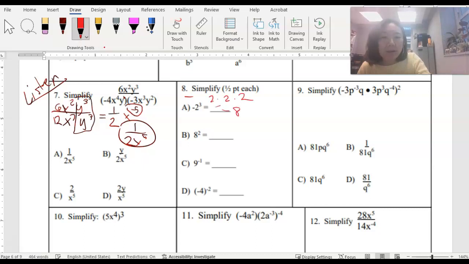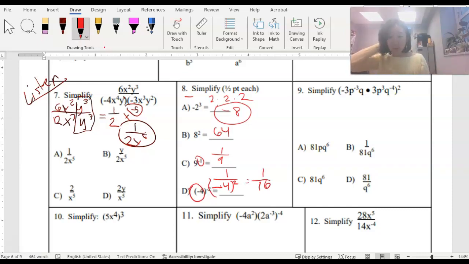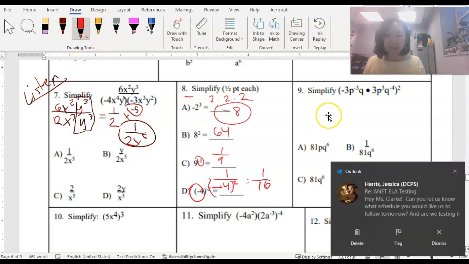Honestly, either way, you'll come up with a negative 8 here. 8 times 8 is 64. 9 to the negative 1st power is 1 over 9. Remember, this puts this in the denominator. And then negative 4 to the negative 2nd power is 1 over negative 4 squared, or 1 over 16. This is in the parentheses, so that square applies to everything in the parentheses, including that negative sign.